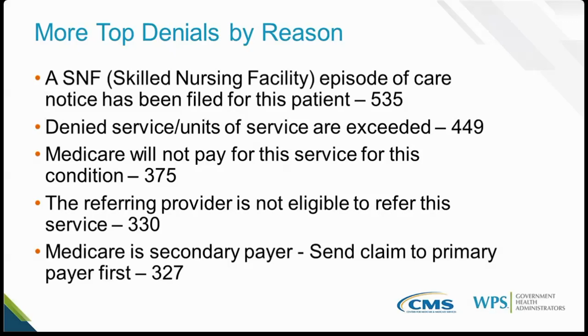So when you have this type of denial, you're going to want to consider presenting your patient with that advanced beneficiary notice of non-coverage. You will need to check to see if there's a national coverage determination or a local coverage determination that might show you which conditions Medicare will pay for a particular item or service.